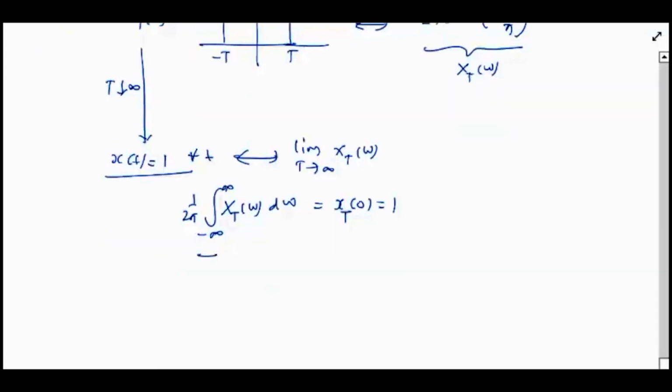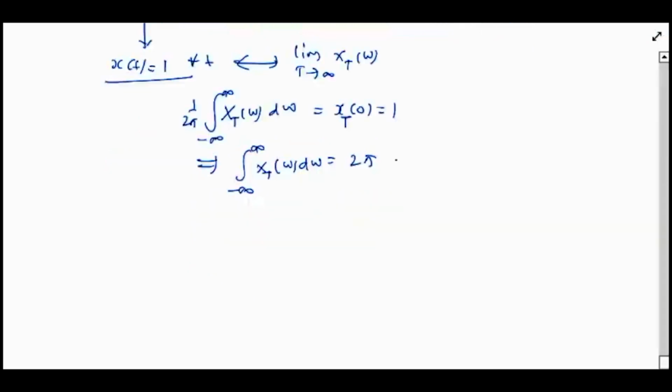So one of the properties of the integral from minus infinity to infinity of x_T(omega) is that this is equal to 2 pi. Let us call this property star.